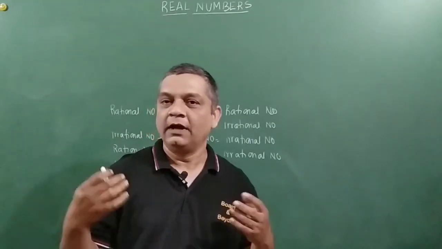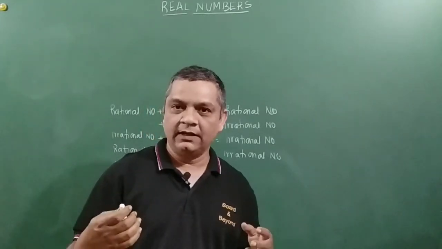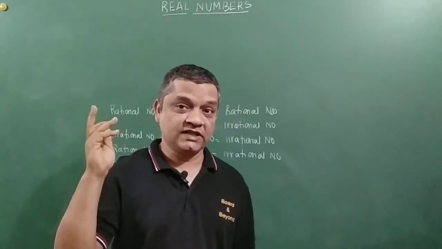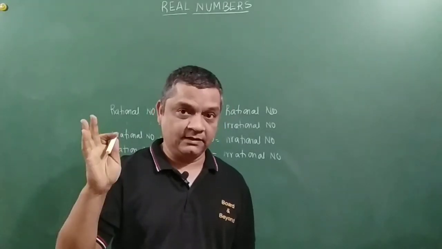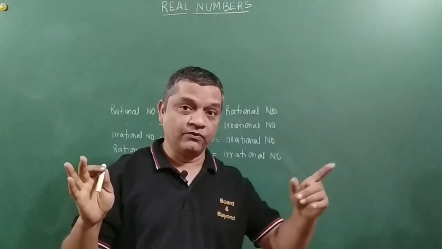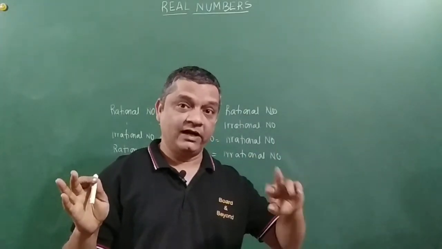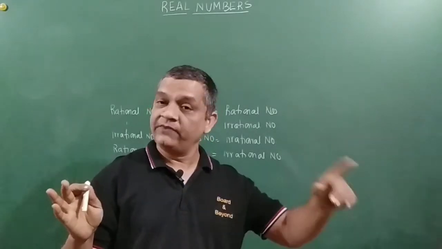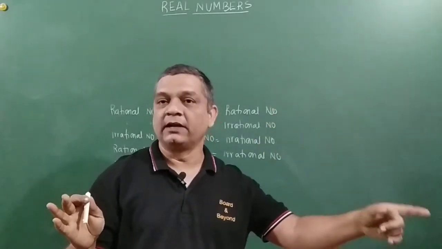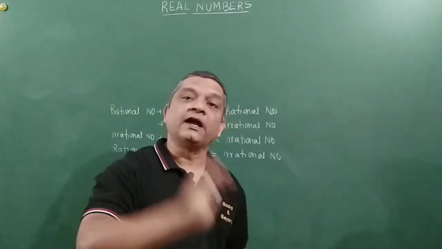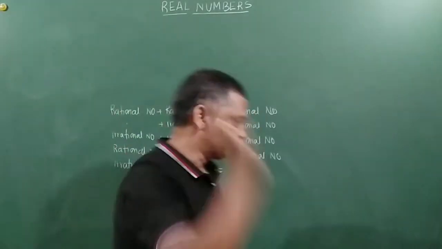For an example, root 3 into root 3 is equal to root 9, which is equal to 3, which is a rational number. But root 3 into root 5, both are irrational numbers. Multiplied, root 3 into root 5 is root 15, which is an irrational number. So, irrational number into irrational number can be either rational or irrational.